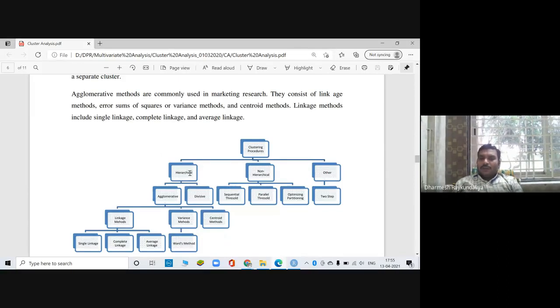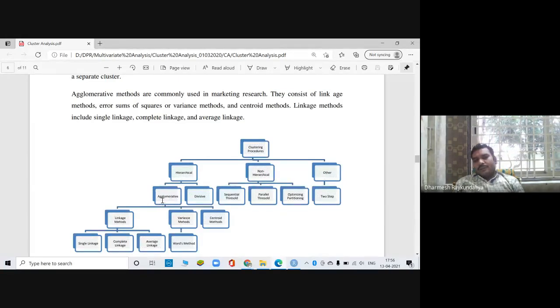Once the hierarchical method is identified, you go for the agglomerative methods. You calculate the distance. For distance methods, you can have various options: Euclidean distance, city block distance, Minkowski distance, Chebyshev distance, squared Euclidean distance, and likewise.